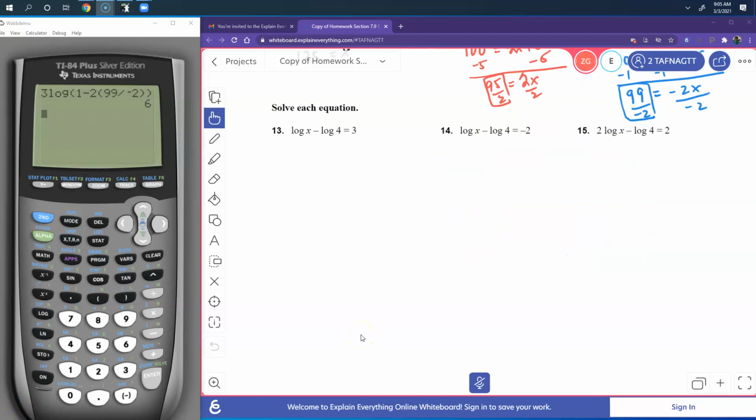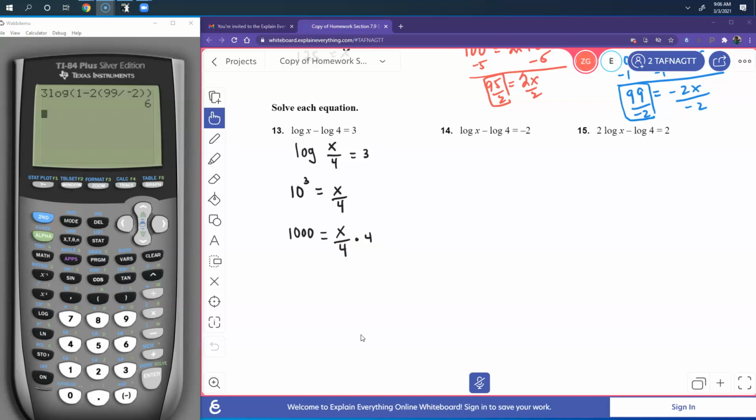Number 13, we're going to have to use our log properties. And since we're subtracting, we're going to use the quotient property. So we have the log, and we have x over 4 is equal to 3. We're going to go ahead and write the inverse. So we have 10 to the third power is equal to x over 4. 10 to the third power is 1,000.